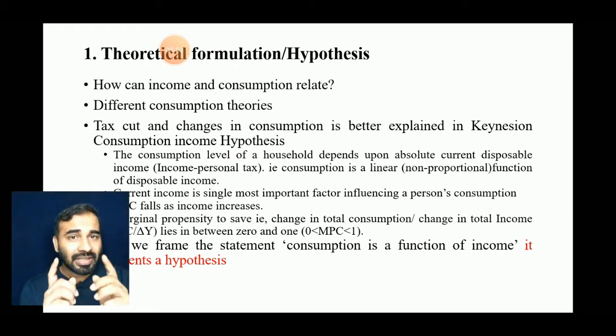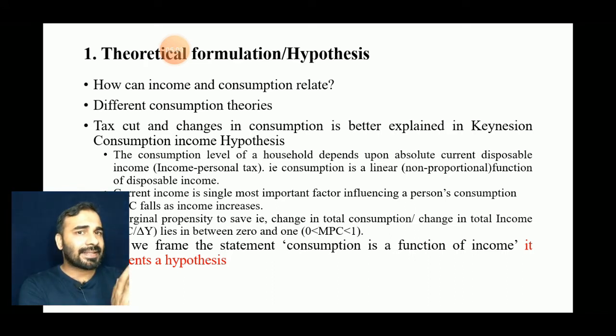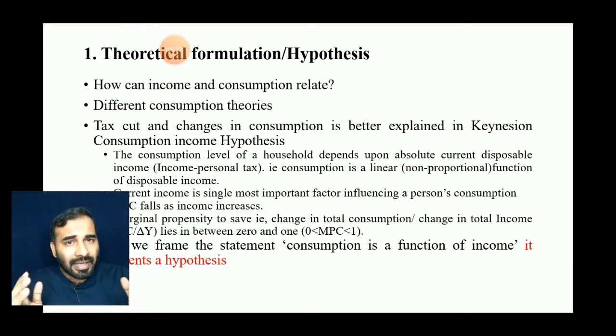Yes. If the government reduces the tax, it will increase the disposable income. So on one side we have disposable income, and on the other side consumption expenditure. Think about which theory analyzes the relationship between disposable income and consumption expenditure.